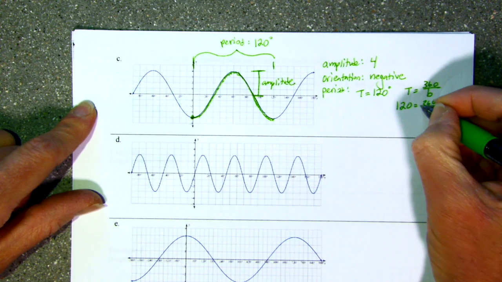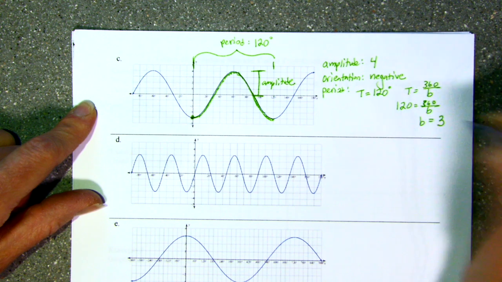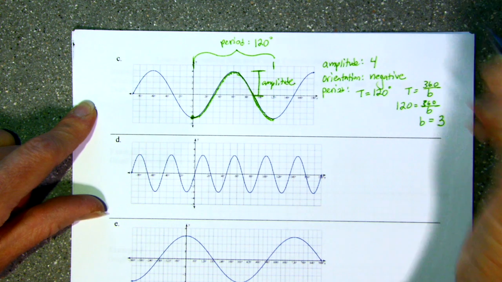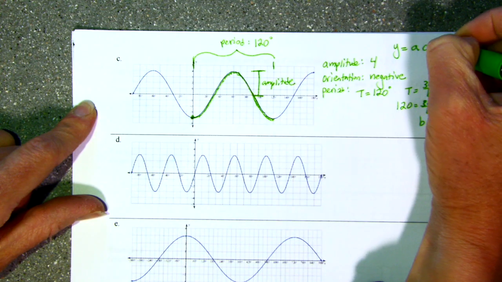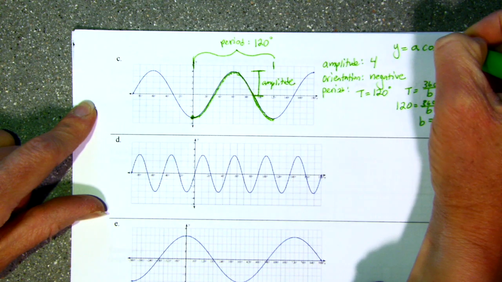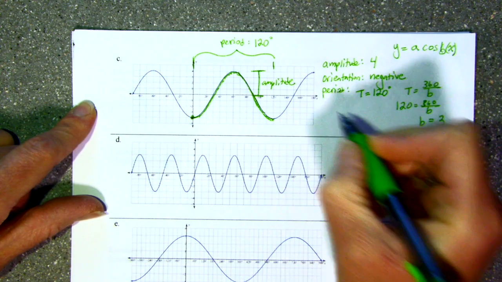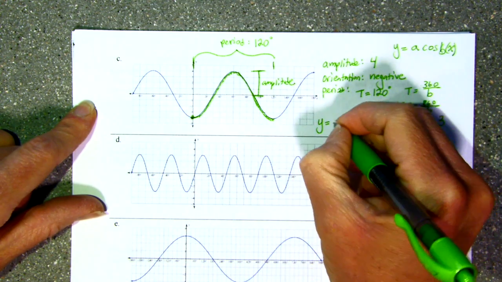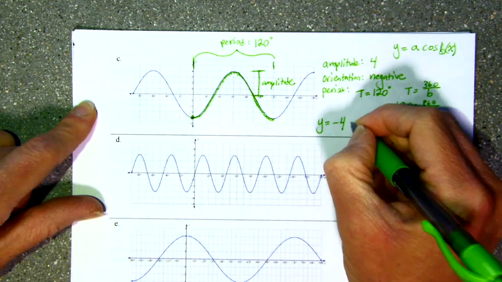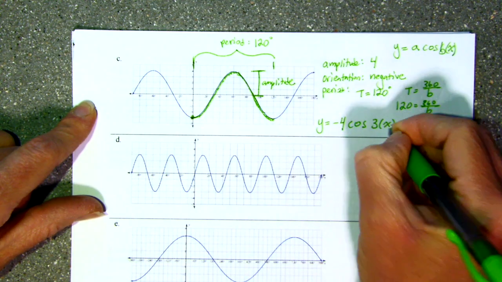So that ends up being 3. So b is 3. And we're using y is equal to a cosine of bx. So if we substitute our different pieces in, we have y is equal to -4 cosine of 3x.